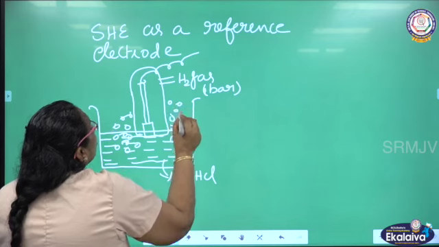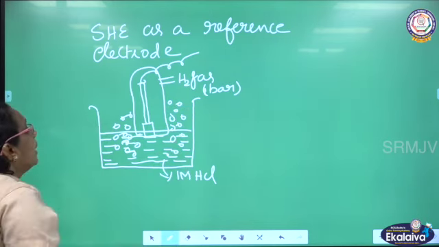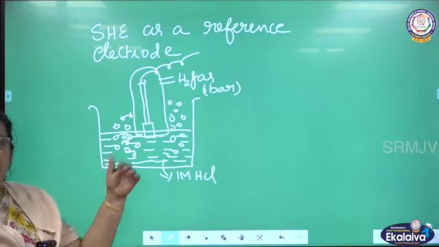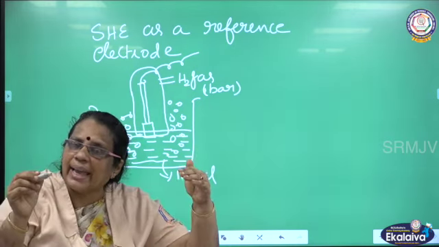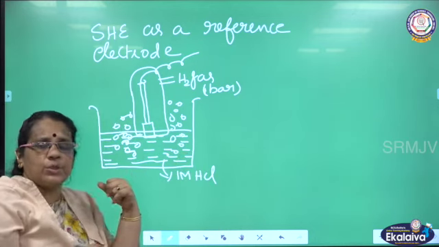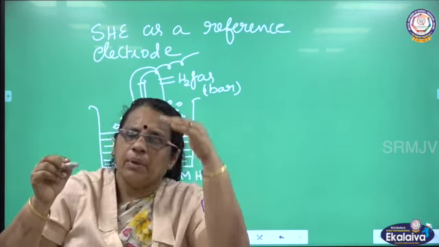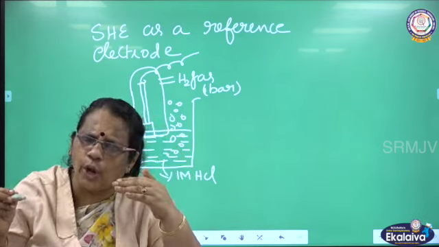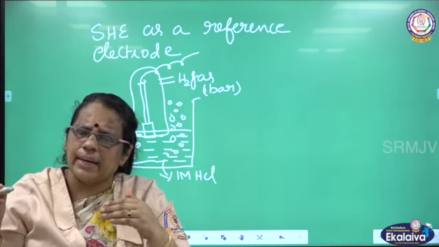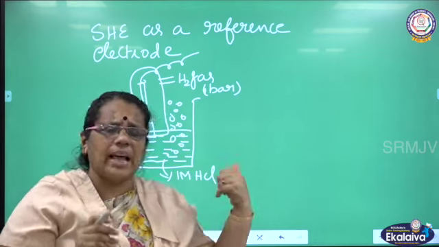Here, I am passing hydrogen gas of 1 bar through the glass tube, where inside the glass tube I have taken a platinum electrode, a platinum wire inserted in platinum foil coated with finely divided platinum. The whole platinum electrode is kept inside the glass tube.